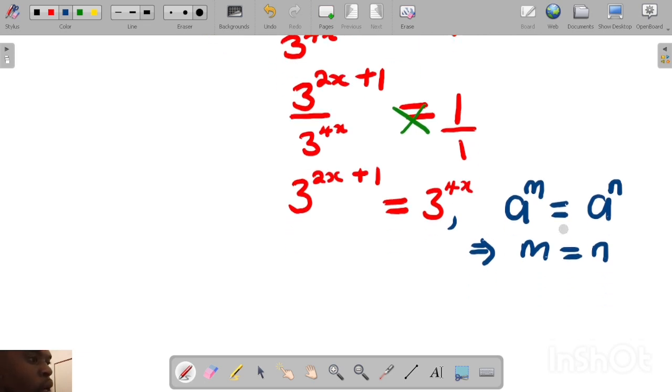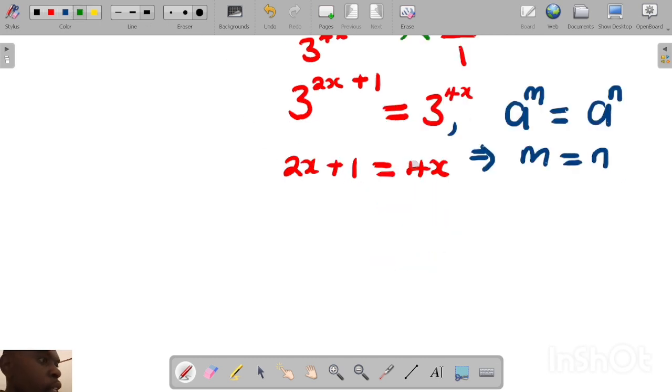The bases 3 and 3 are the same, so the powers are equal. We equate the powers: 2x plus 1 is equal to 4x.